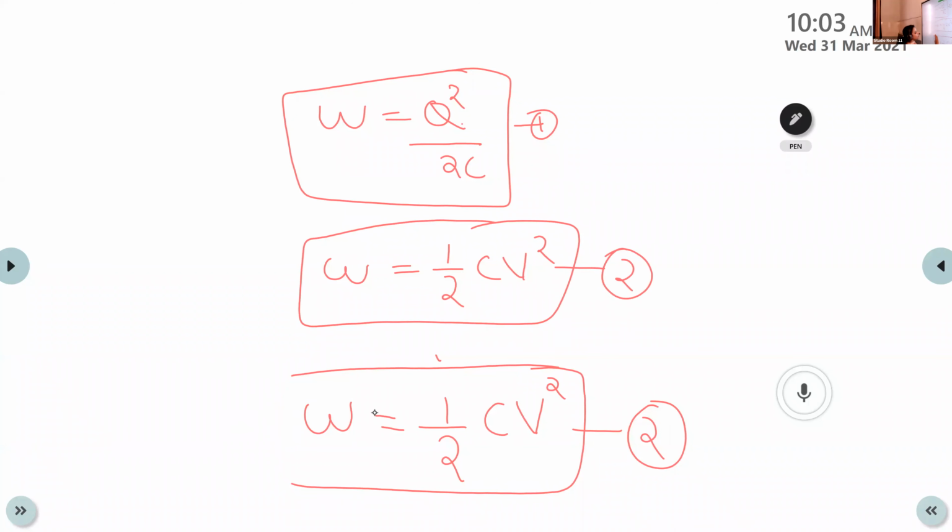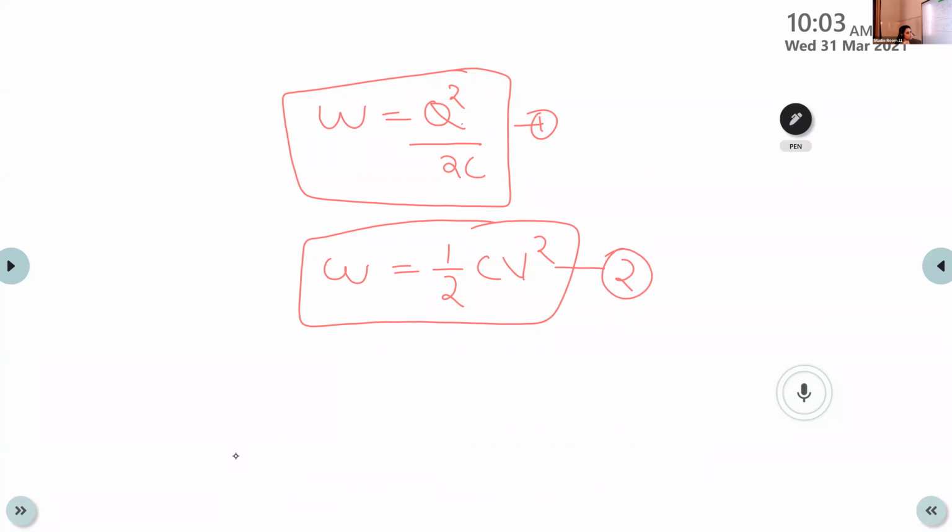Now we have one more equation. We can split this equation 2, W is equal to half CV square. So we can split that V square. It becomes CV into V, right? W is equal to half CV into V. Then what is CV?